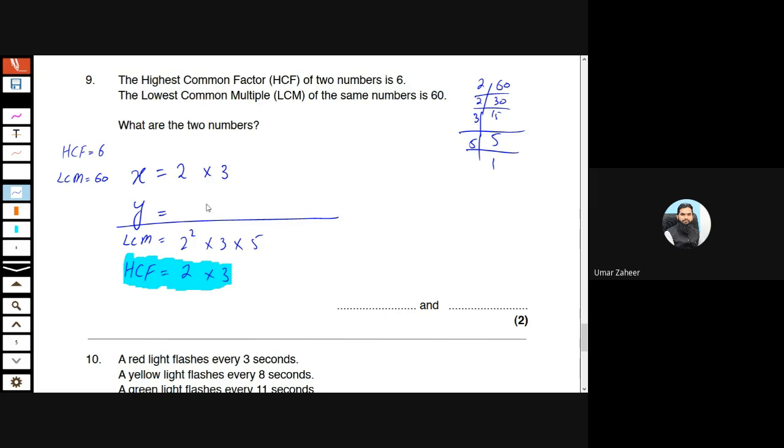In the next number, because the LCM is 2 raised to power 2, this number must have a 2 raised to power 2, it is 3, and it must be 5. Okay, it can be more, all right? Because it can be 3 squared, it can be 3 raised to power 5, like these numbers. Yes, this number can be 3 raised to power 5.